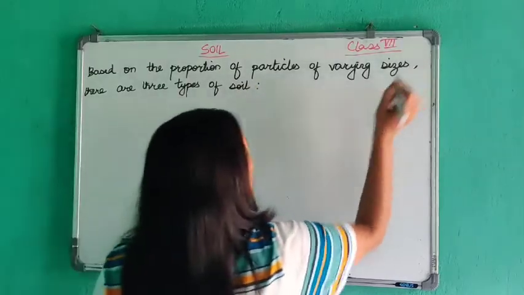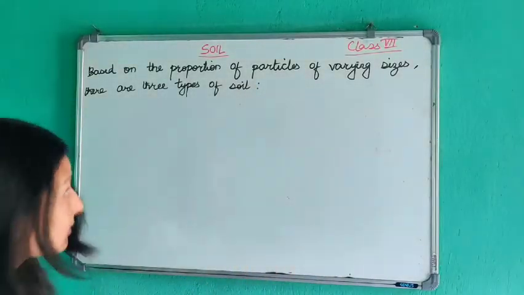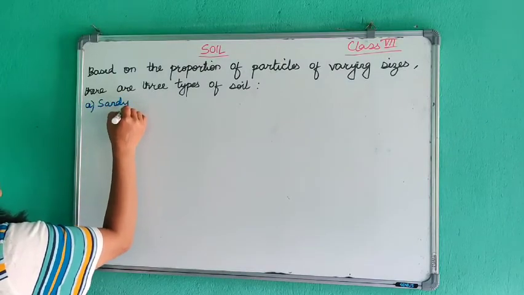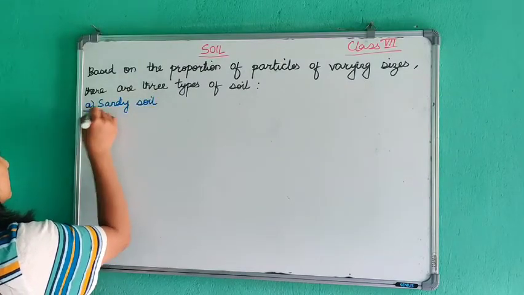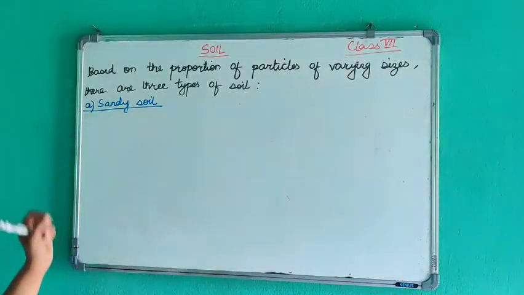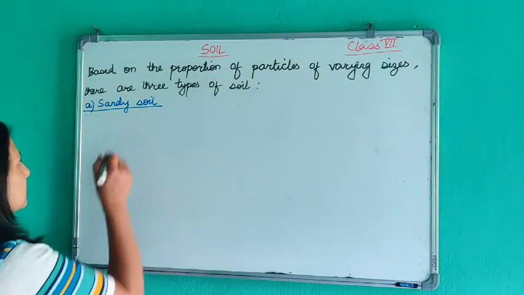Okay, तीन प्रकारको soil हुन्छ. पहिलो हो sandy soil. Sandy भनेपछि यहाँ sand word आयो नि. So this soil has more sand particles.